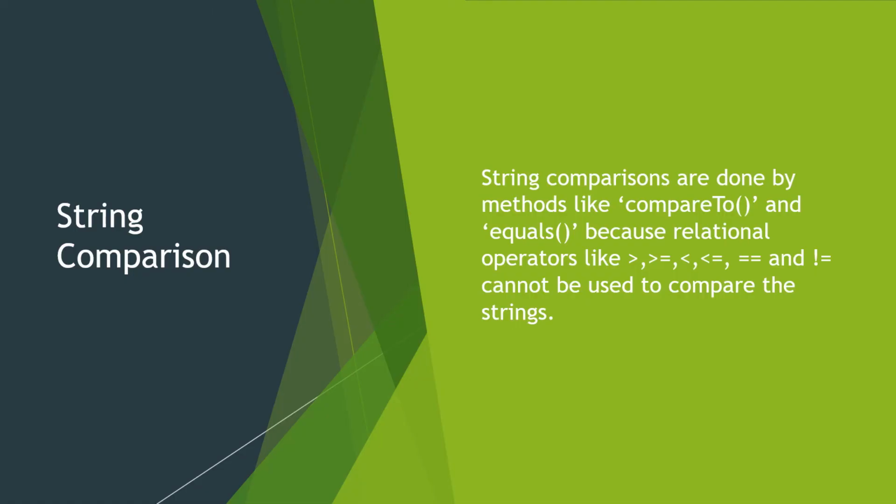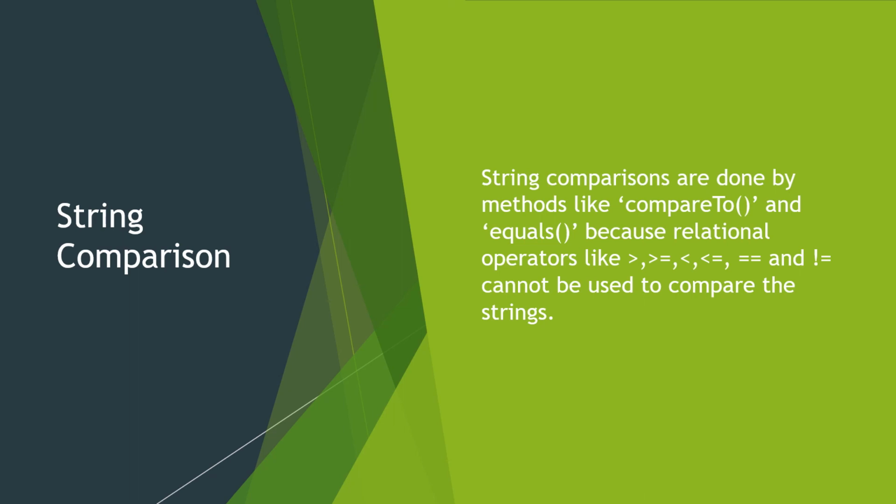Now we come to string comparison. String comparisons are done by methods like compareTo and equals. This is because relational operators like greater than or equal to, less than or equal to, double equal, and not equal to cannot be used to compare strings.